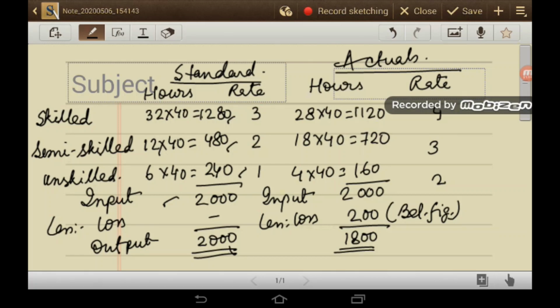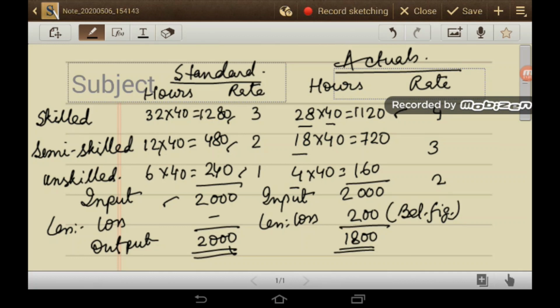So there are 28 skilled workers, 18 semi-skilled workers and 4 unskilled workers. And each type of worker will work 40 hours a week. So altogether skilled workers have worked for 1120 hours.